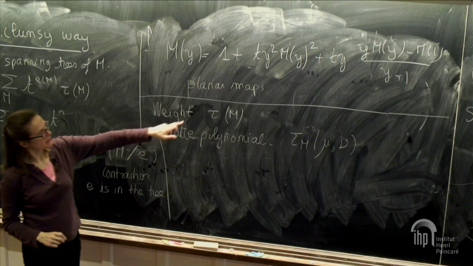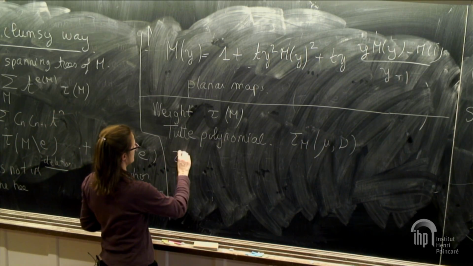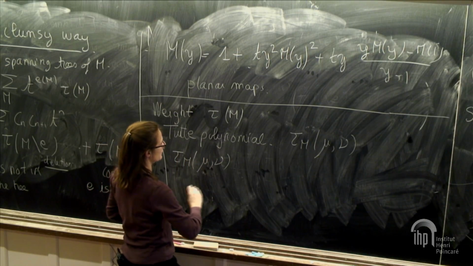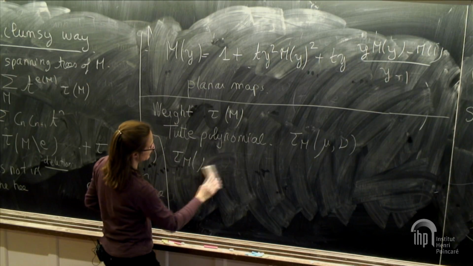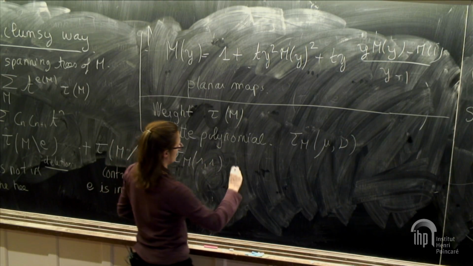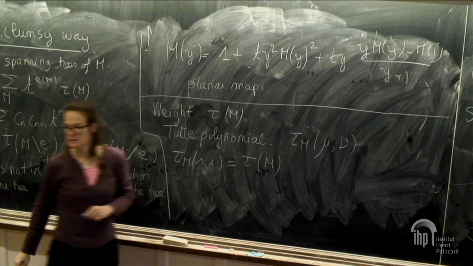That's a refinement of the number of spanning trees in the sense that for any map, or in fact graph or multigraph, if you evaluate the polynomial at 1, you get the number of spanning trees.